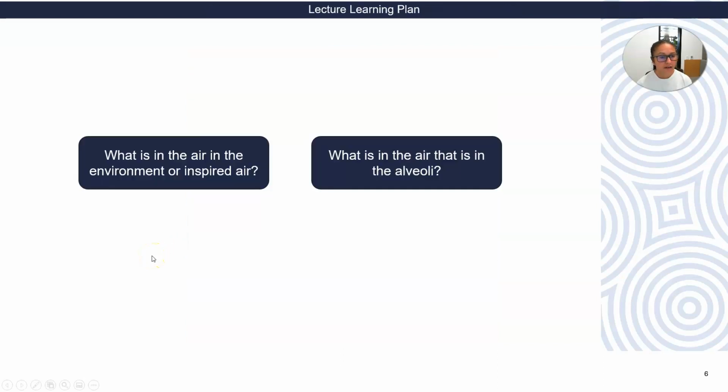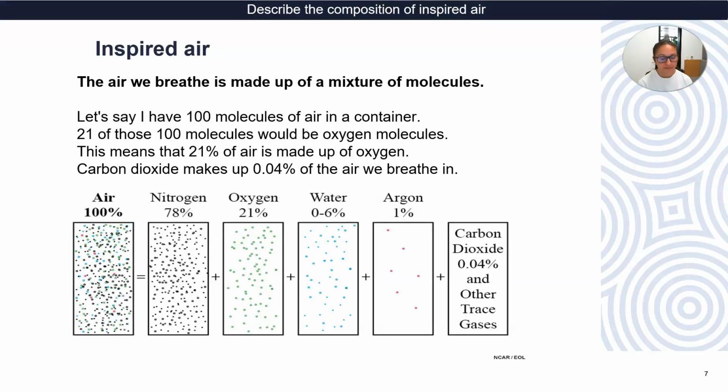Okay, let's keep going. We're going to look at what is in the atmospheric air, and what is in the air that's in your alveoli, because they are a little bit different. So the air we breathe is made up of a whole mixture of gases, okay?